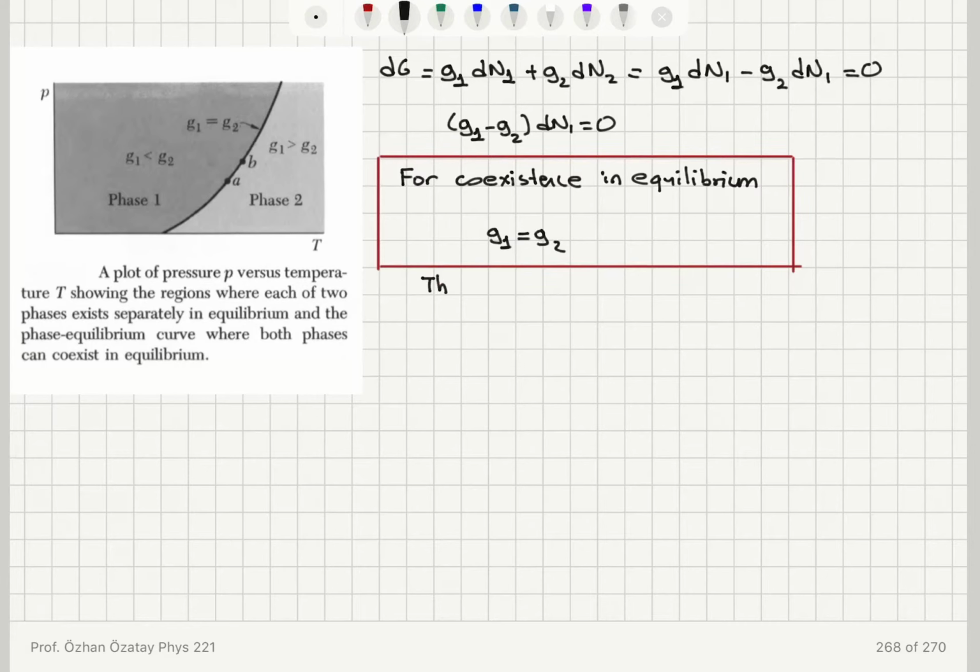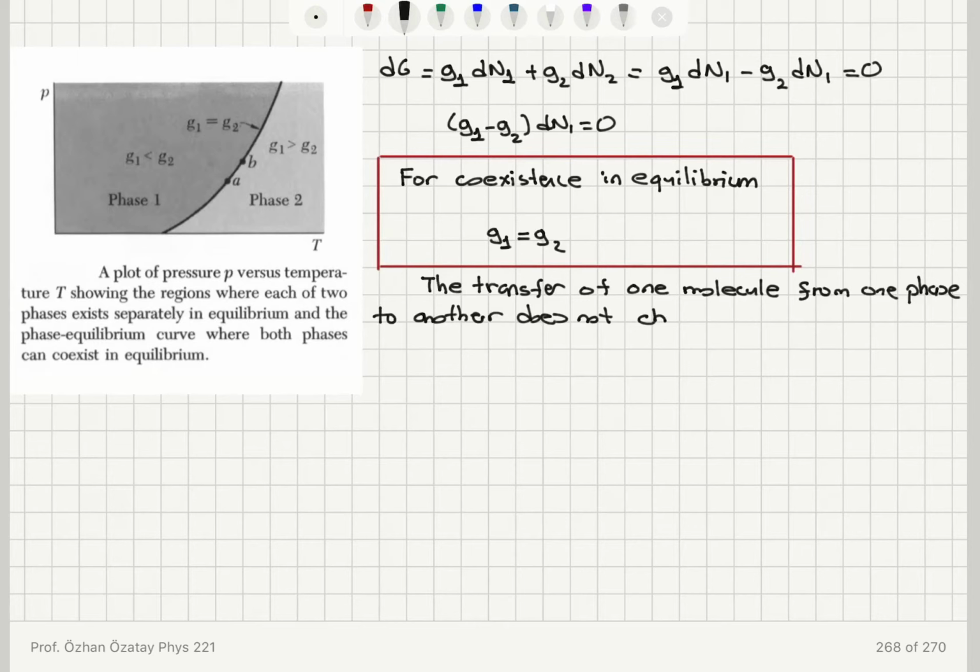The transfer of one molecule from one phase to another does not change the total G because it is at an extremum point. So there is no preference for the molecules to go through a phase transformation.